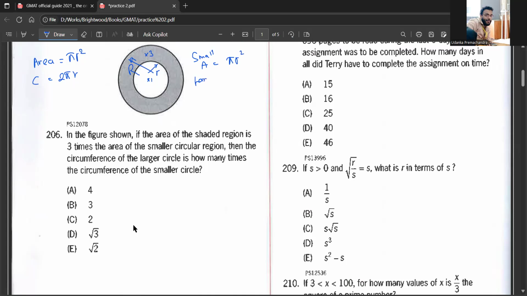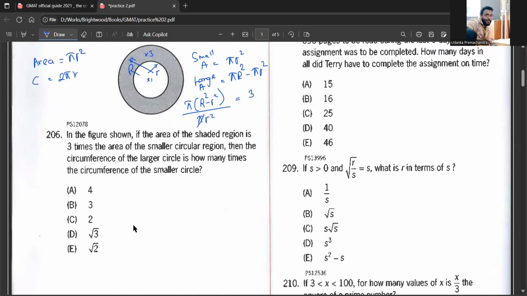The shaded area altogether should be π capital R squared minus π small r squared. Is that clear? Now, dividing by the smaller one's area: if I take π common, it should be (R squared minus r squared) divided by π r squared, which equals 3.